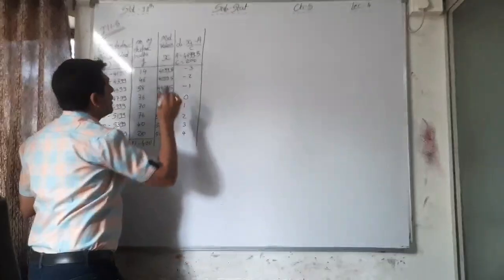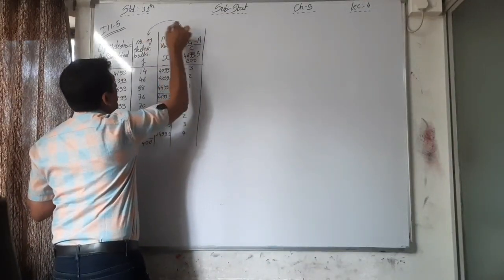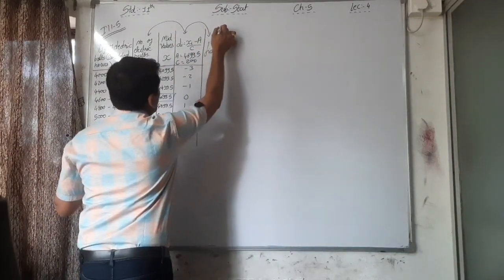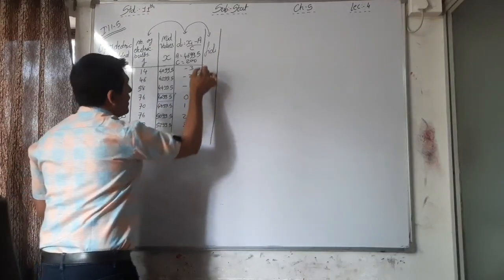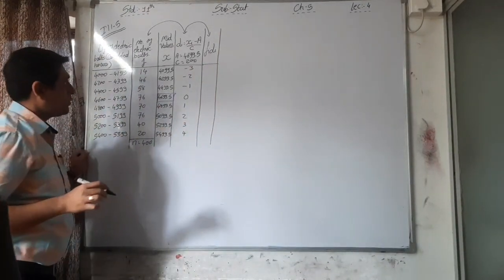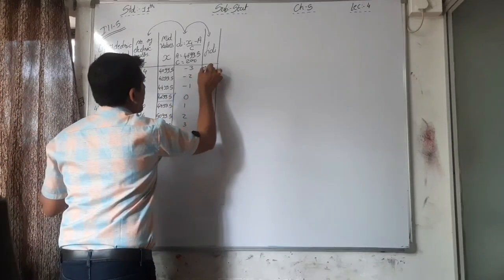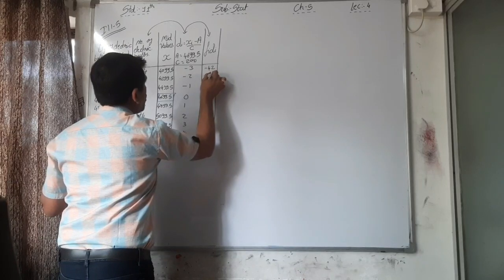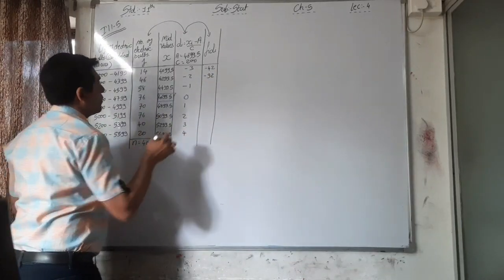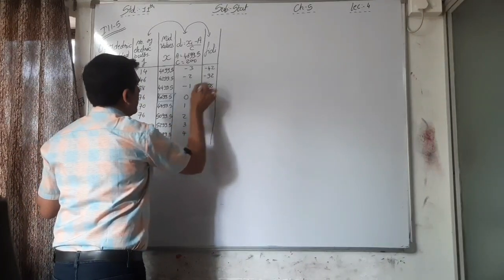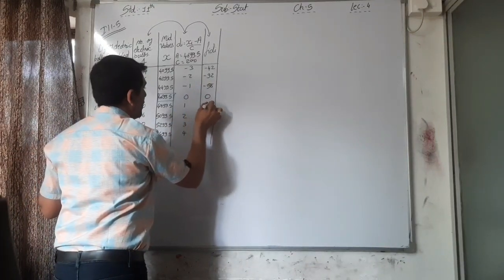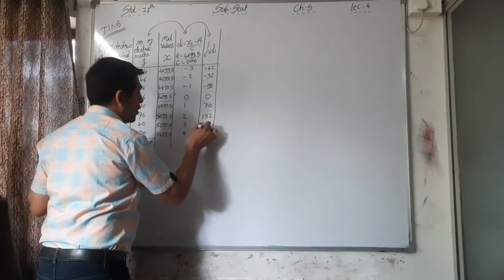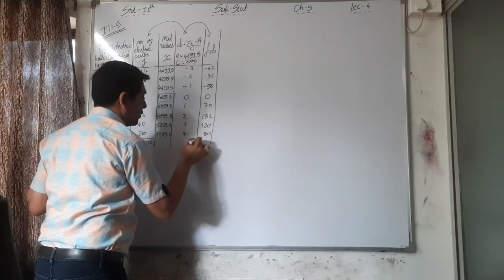That is the shortcut. Now fidi, multiplication of these two. To find out the mean, we need fidi. 14 threes are -42, -92, -58, 0, 70, 152, 120 and 80.